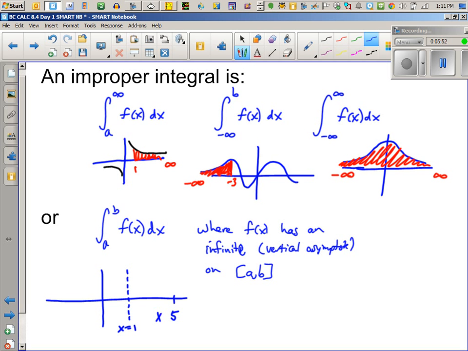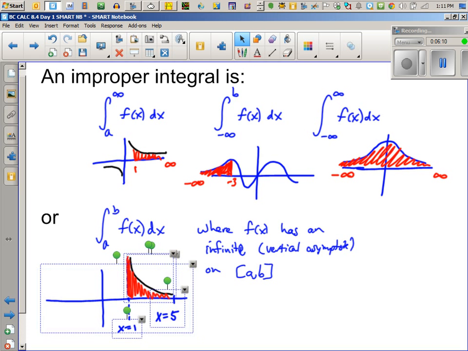That sounds harmless enough. But the function has an asymptote at 1. How are you planning to find this area here? Well, it turns out we can actually do it, but this situation is improper.